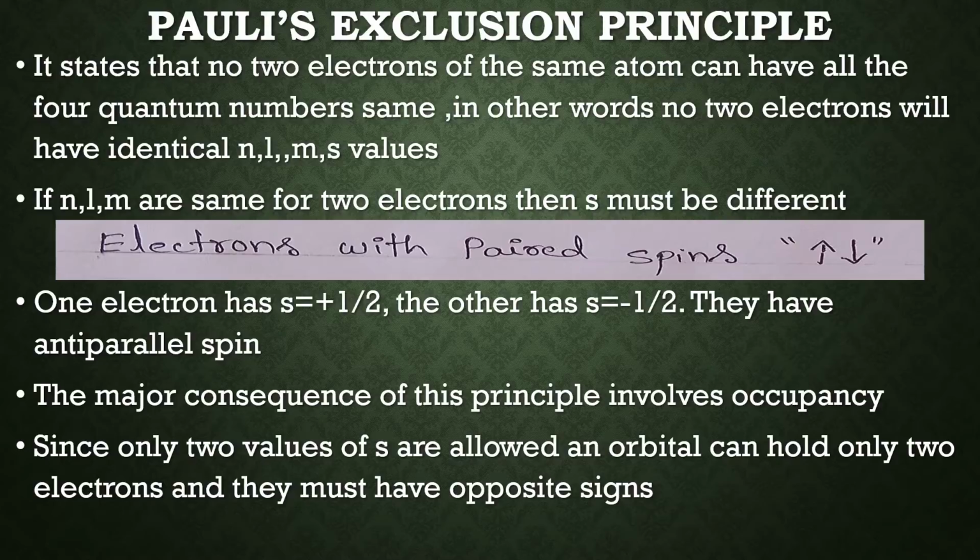Since only two values of s are allowed, an orbital can hold only two electrons and they must have opposite spin. According to Pauli's principle, no two electrons of the same atom can have all four quantum numbers the same, and only two electrons exist in an orbital with opposite spins.